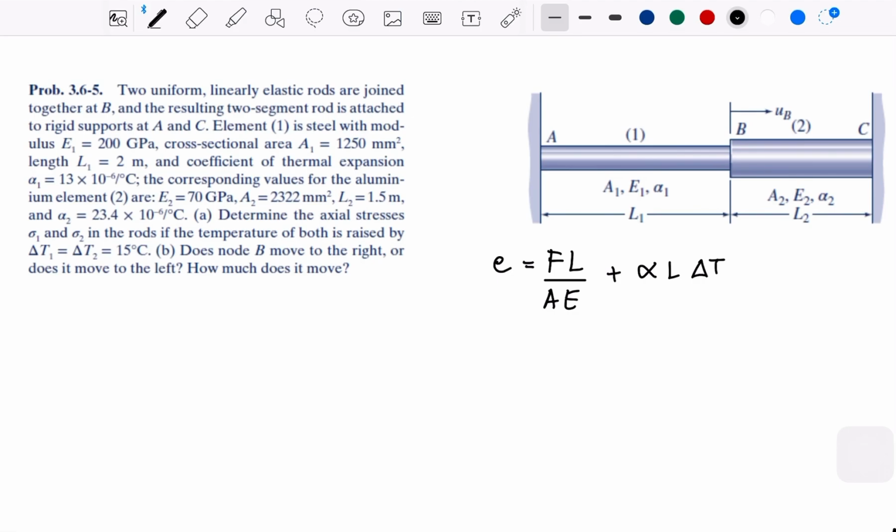And since we have two materials, we will have delta 1 and delta 2. But we need to connect both materials 1 and 2. If you are not getting the connection, it will be difficult to solve. So you need to make at least one assumption about what will happen in this type of problem.